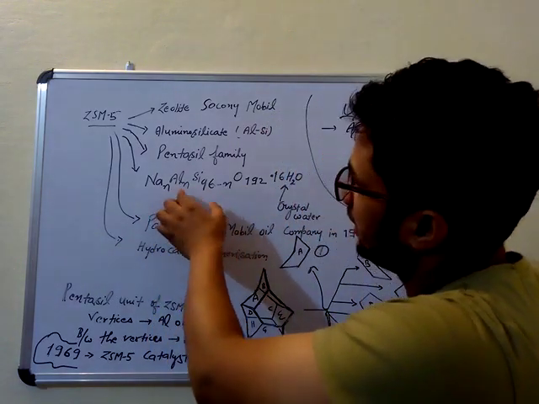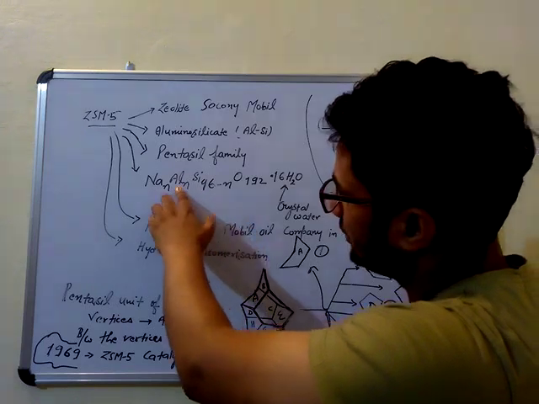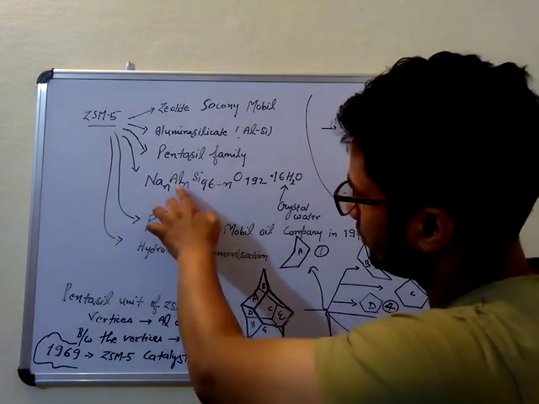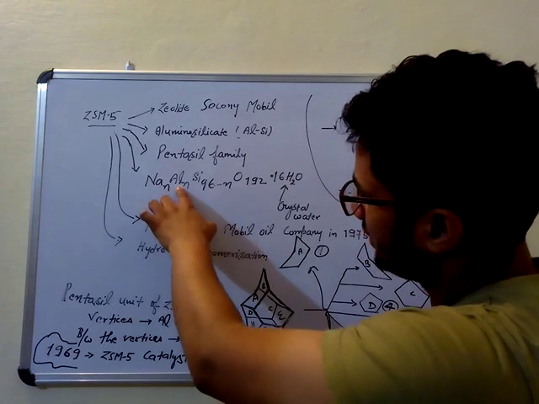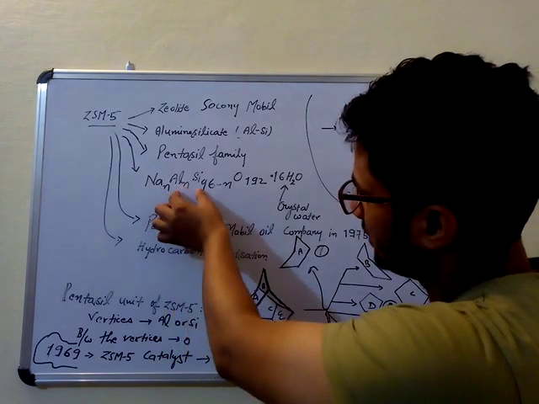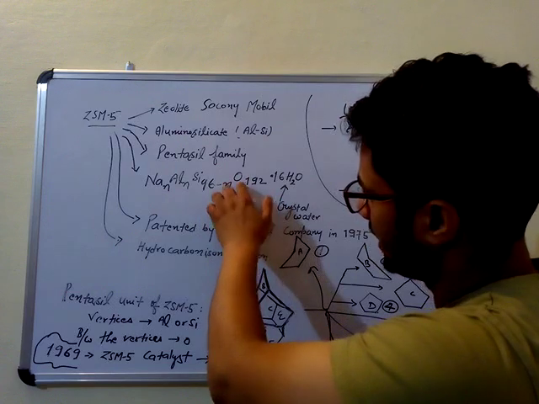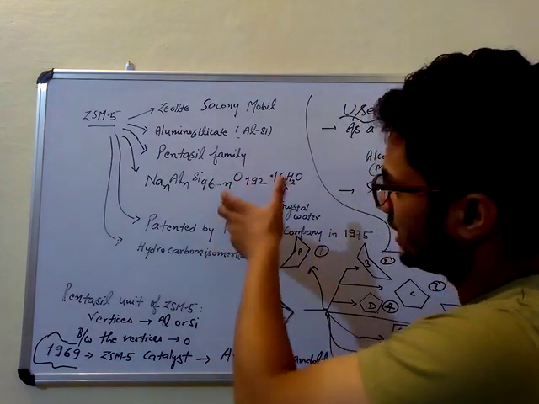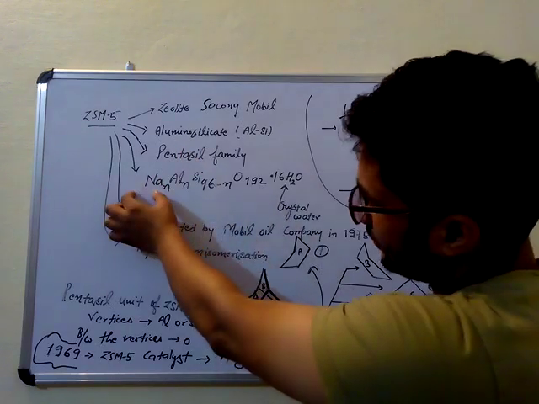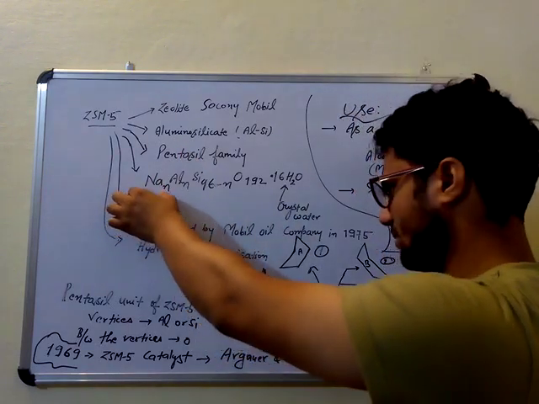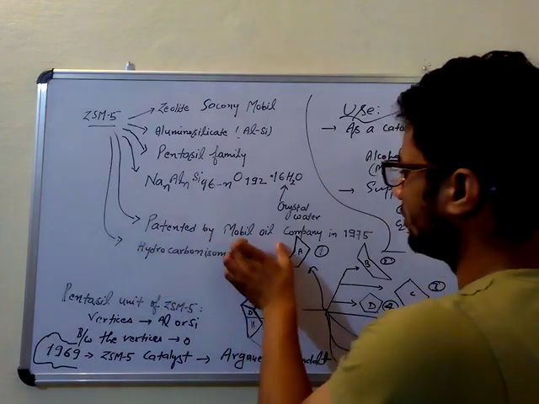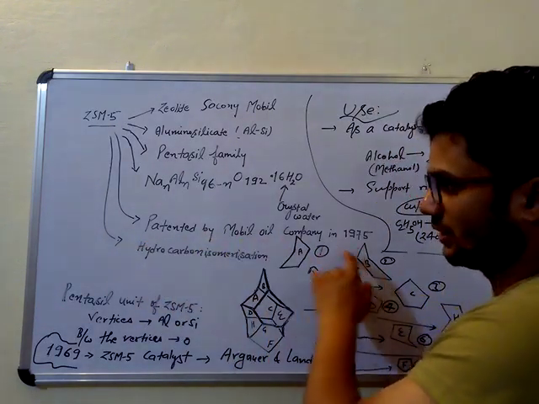Aluminum has a valency of 3 and silicon has a valency of 4, so one valency remains connected with oxygen, and the oxygen has a negative charge. This negative charge is counterbalanced by the sodium ion. It was patented by Mobil Oil Company in 1975.